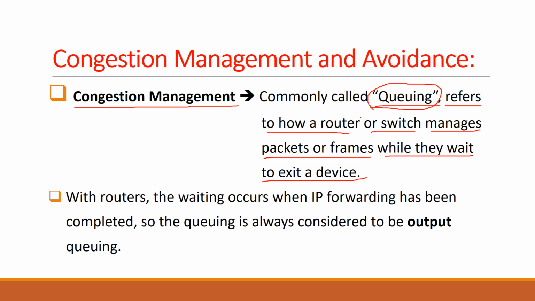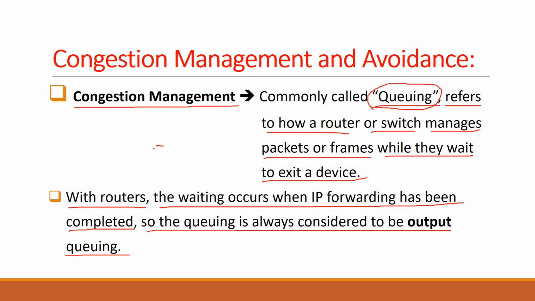It means that we have to arrange the incoming packets that will exit specific interfaces. So with routers, the waiting occurs when IP forwarding has been completed. It means that the router decided that this specific packet will get out of this specific interface. So the queuing is always considered to be output queuing with routers.